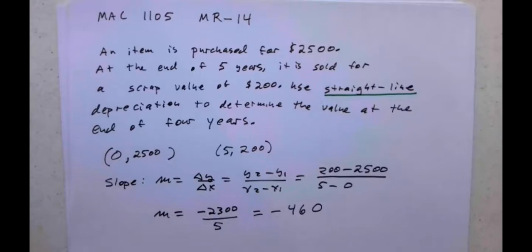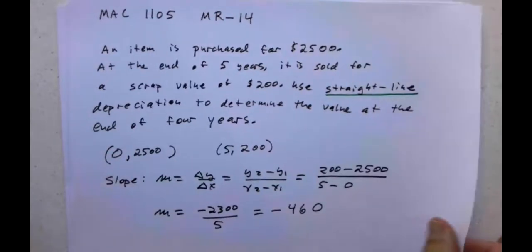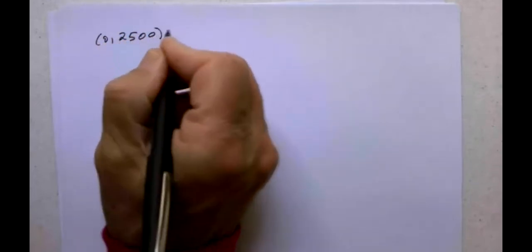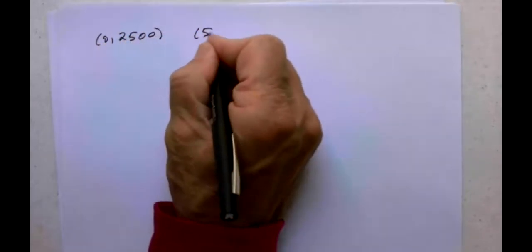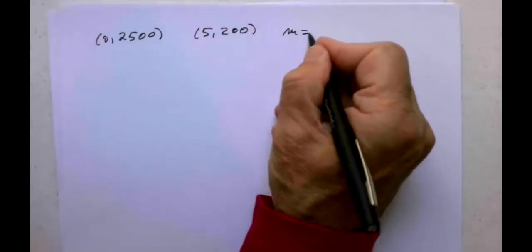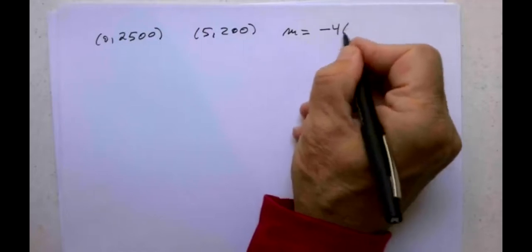So I have 2 points and I have a slope. I want to know the value at the end of 4 years. My 2 points are 0, 2,500 and 5, 200. We have our slope here, negative 460.